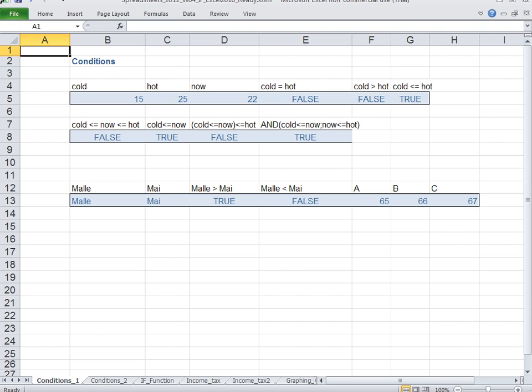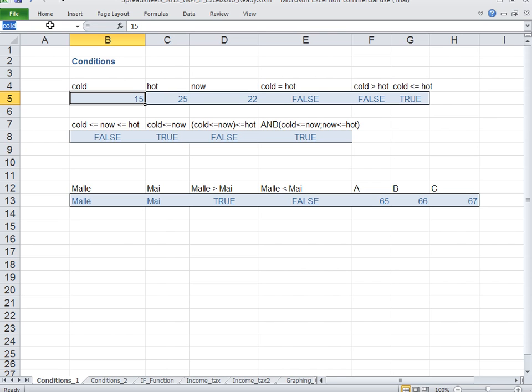But in order to get there, we should start with something called conditions, which are used in an IF. An example of a condition would be, let's consider the temperature we have outside. We have a number of cells written out here.